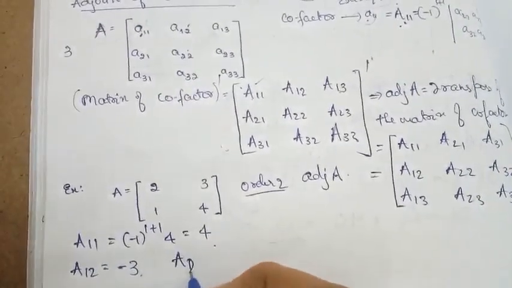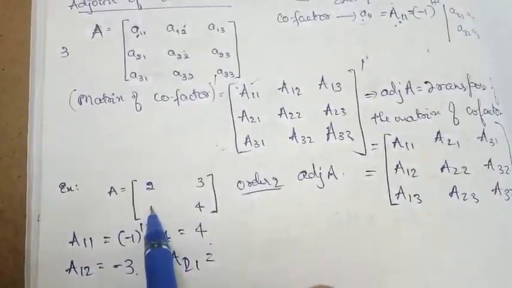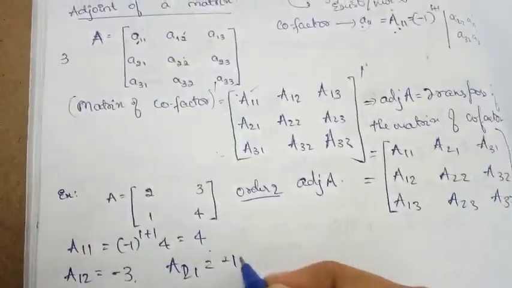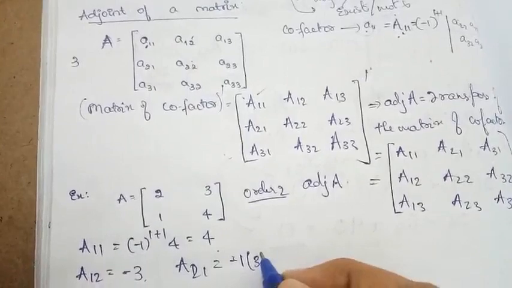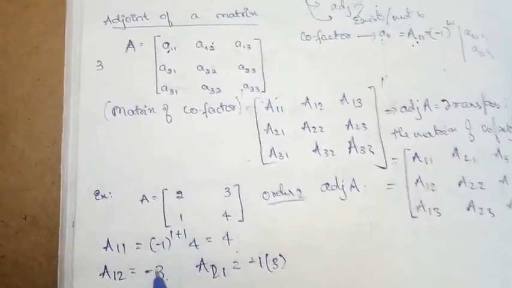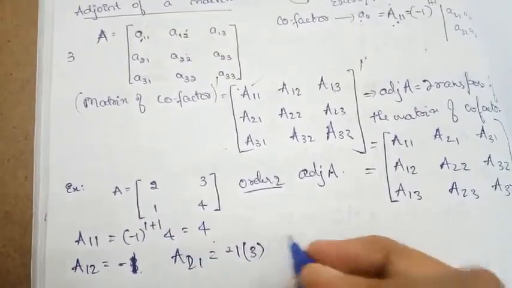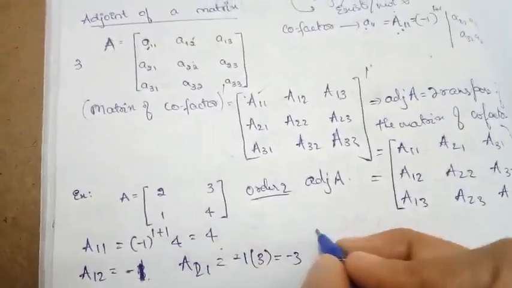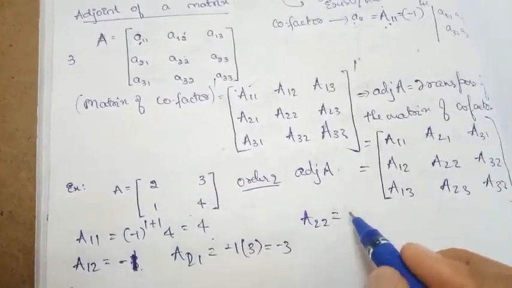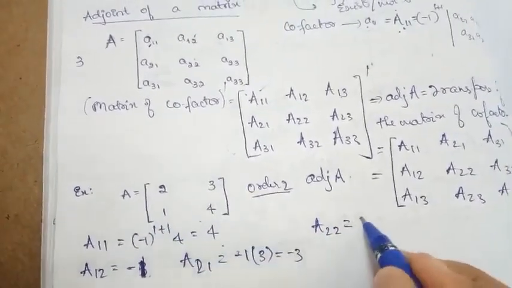What about A21? This is this element. Deleting this row, this column, it is -1. Here this is -3. And what about the cofactor of the second row, second element? Deleting this row and this column, it is 2.